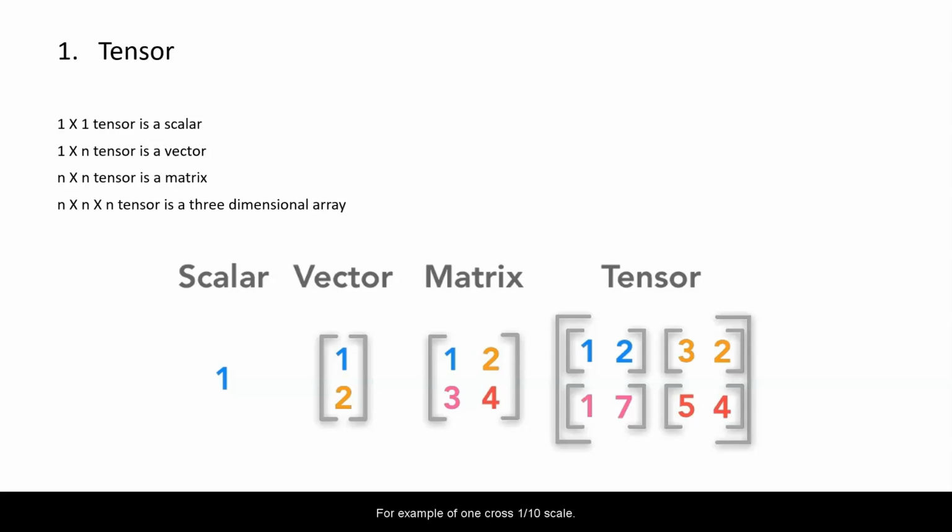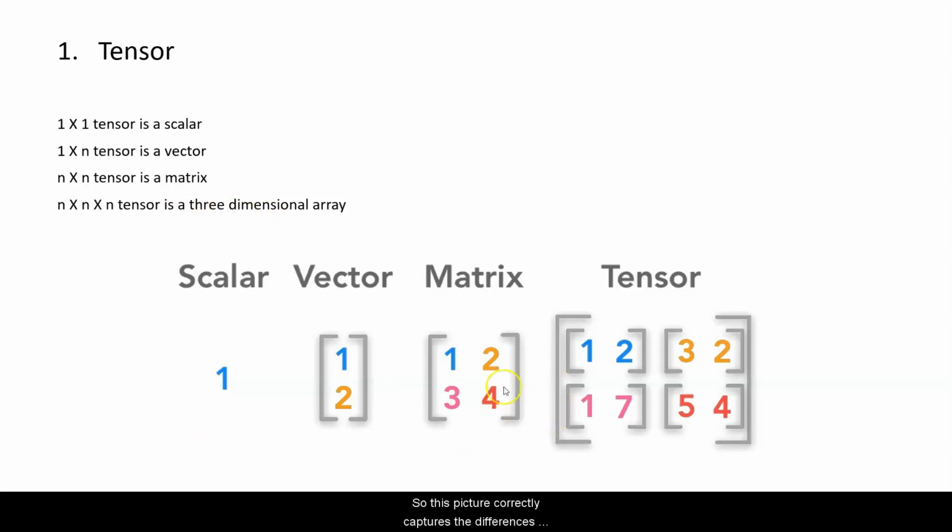For example, a 1 cross 1 tensor is a scalar, and a 1 cross n tensor is what we call a vector. An n cross n tensor is a matrix, and an n cross n cross n tensor is of course a three-dimensional array. And this of course generalizes for any dimension.